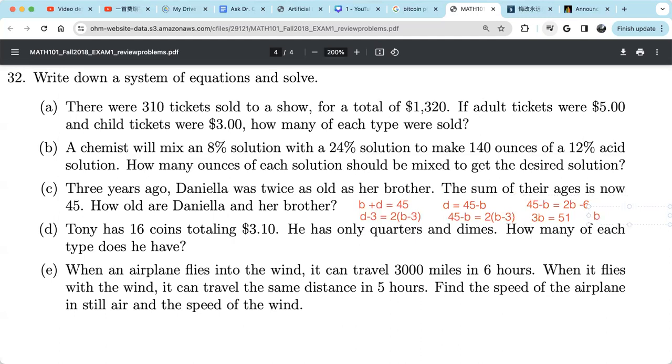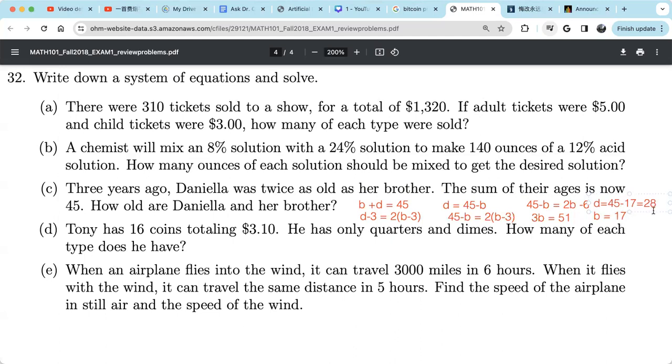So B equals 17, right? Because 3 times 17, that's 51, yes. Then D equals 45 minus 17, which is 28.